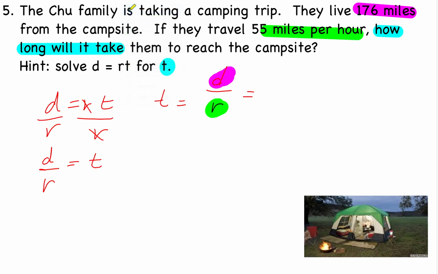So let's substitute those in. That gives us 176, their distance, divided by 55. If you punch that in on your calculator, that'll give you the amount of time in hours. So 176 divided by 55 comes out to be 3.2 hours.